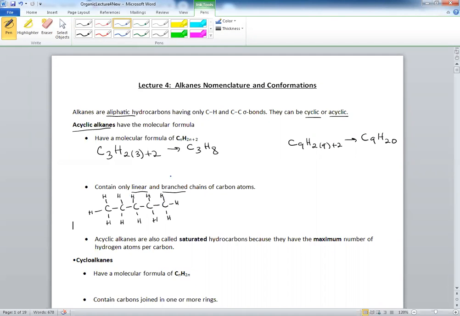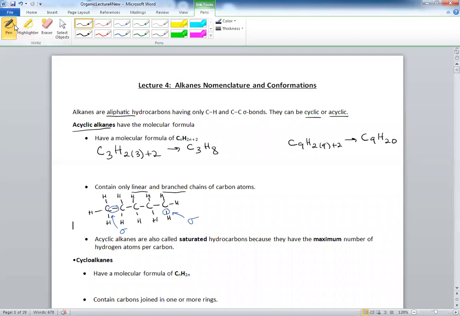They have, again, carbon-hydrogen, carbon-carbon sigma bonds. So here's a sigma bond. Here's a sigma bond. Or, of course, they can be chains, or they can be branch chains.